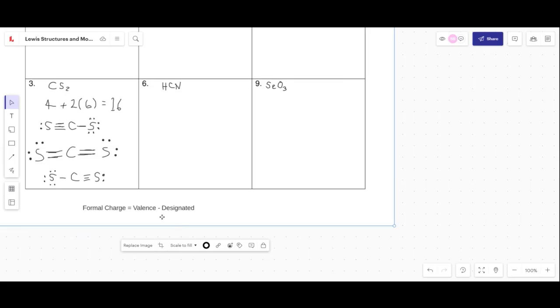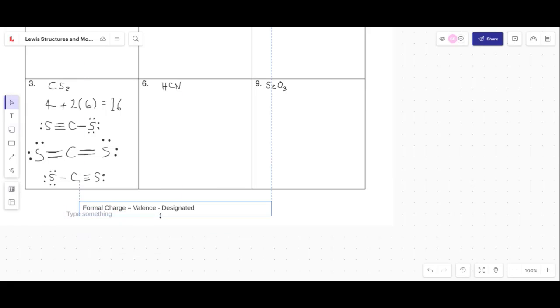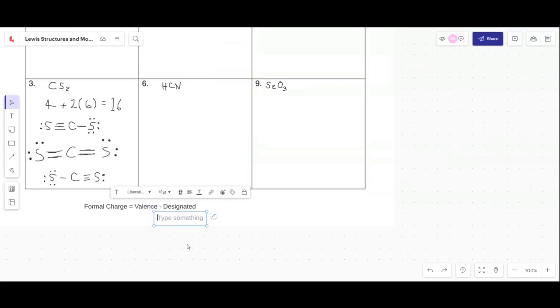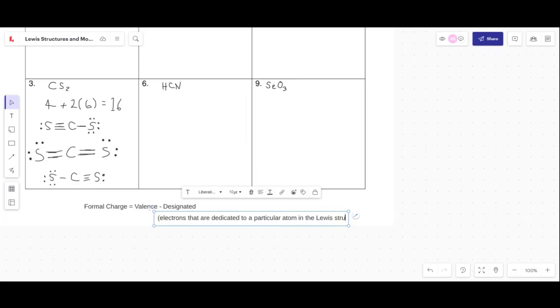Well, this is a term that I came up with to describe the electrons designated to an atom in the Lewis structure. So these are electrons that are dedicated to a particular atom in the Lewis structure.